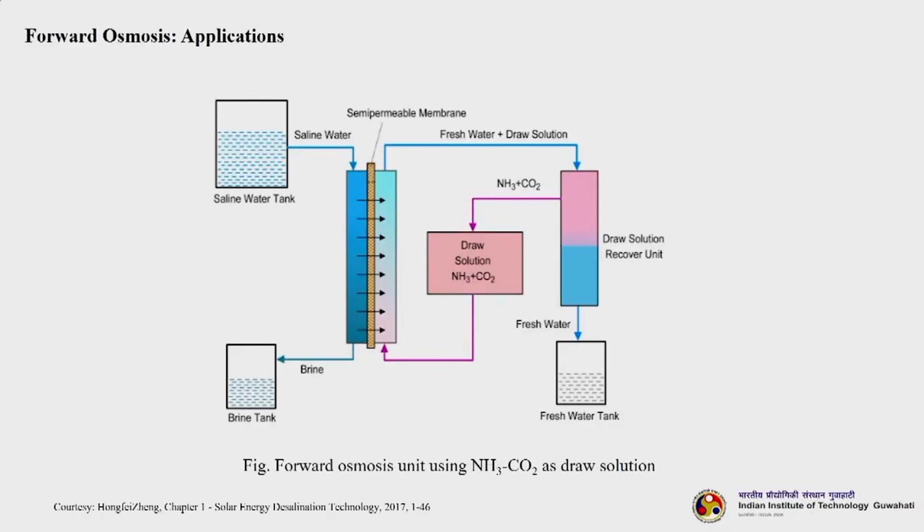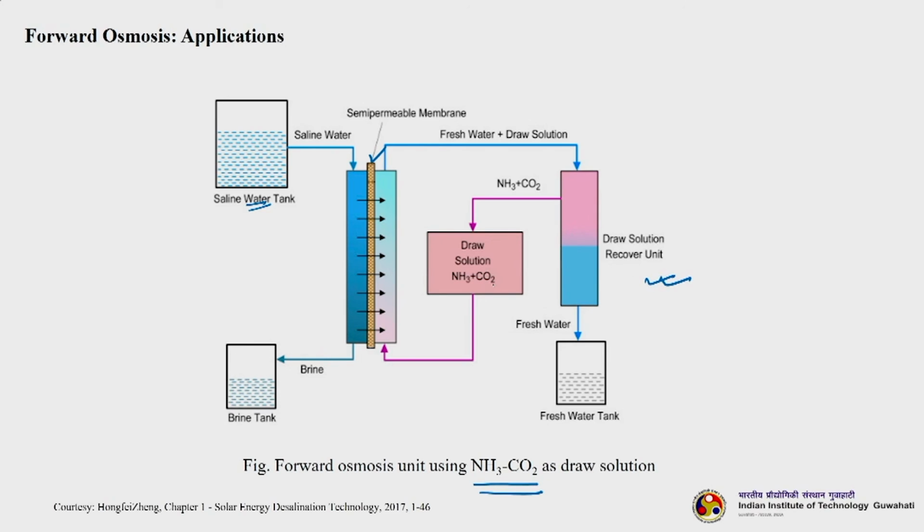So, this is an example of a forward osmosis application. Here you can see saline water being fed to the forward osmosis process, and this is the semi permeable membrane. On the other side we are using ammonia and carbon dioxide as the draw solution. This is the draw solution tank, actually a recovery unit.